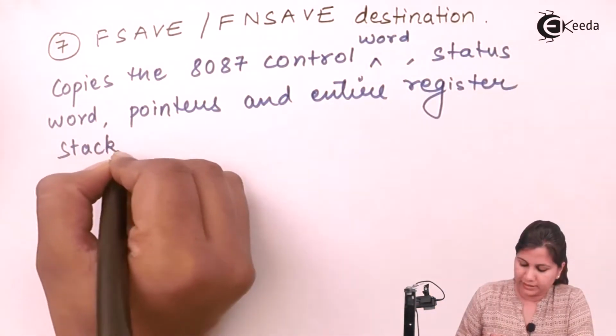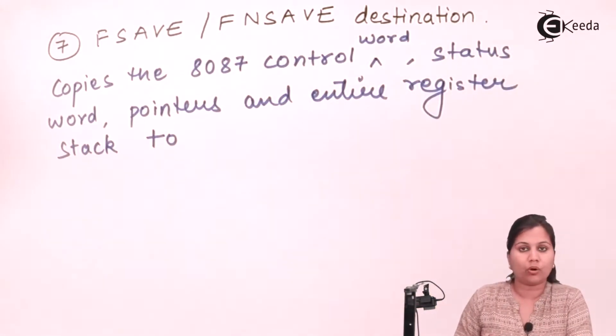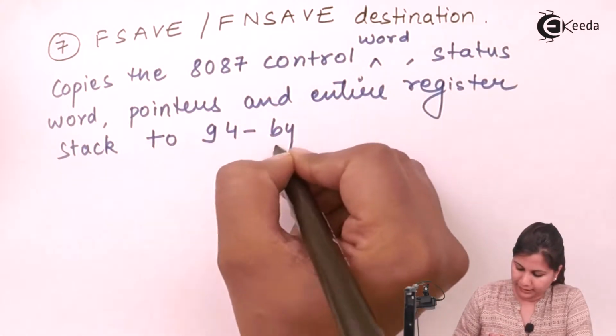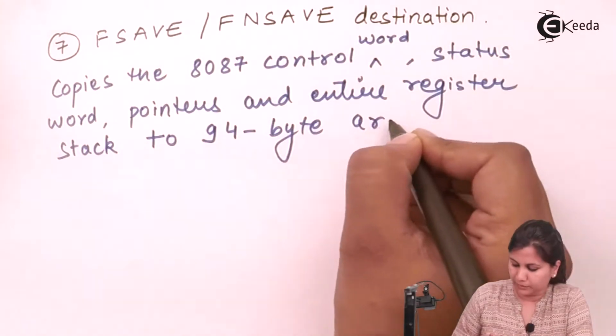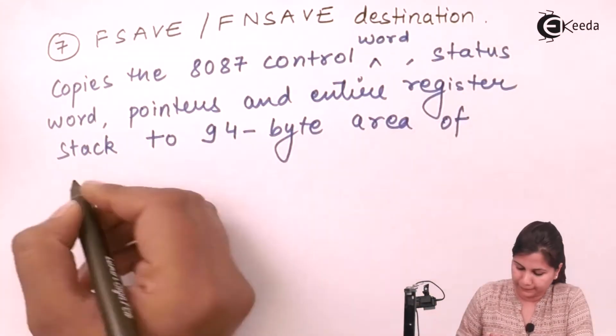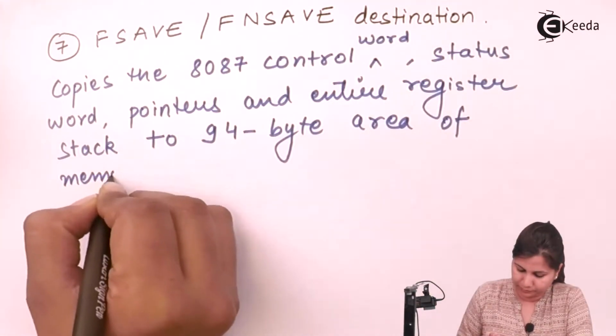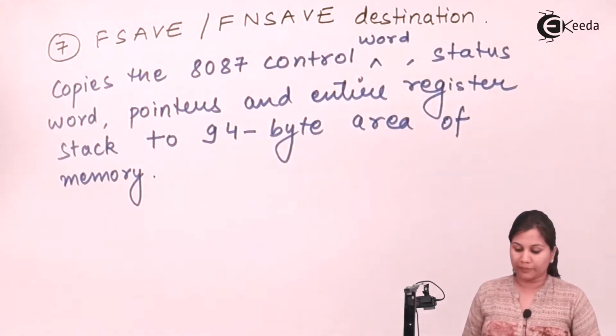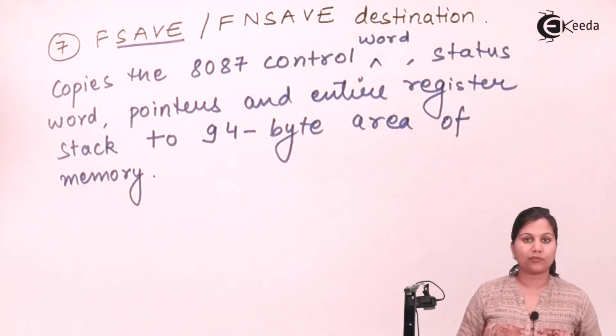All these contents are saved or copied to a 94 byte area of memory, because SAV is just for saving.